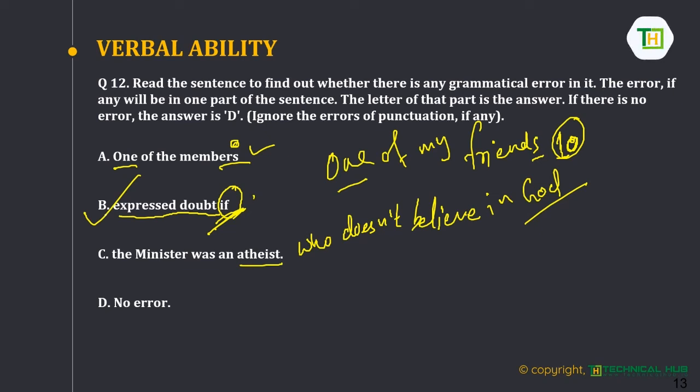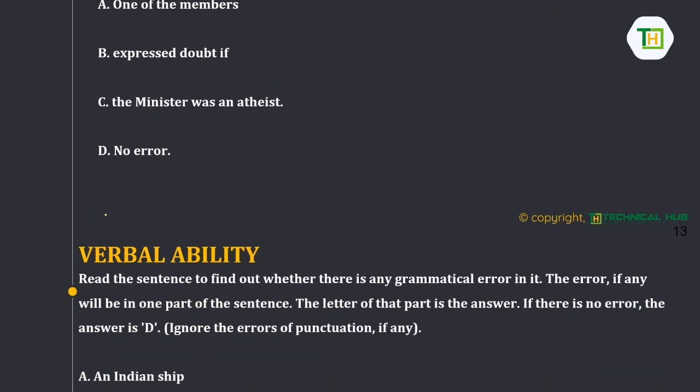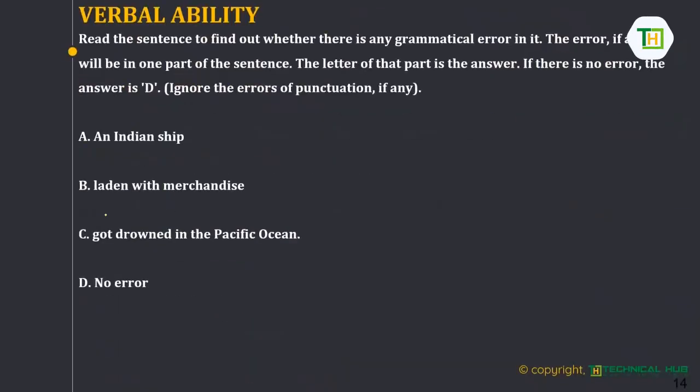Moving to the 13th question, what is it saying? "An Indian ship." This is right only. That's why they have used "an Indian ship." We are talking about an Indian ship. "Laden with merchandise." This is also correct only. "Got drowned in the Pacific Ocean."